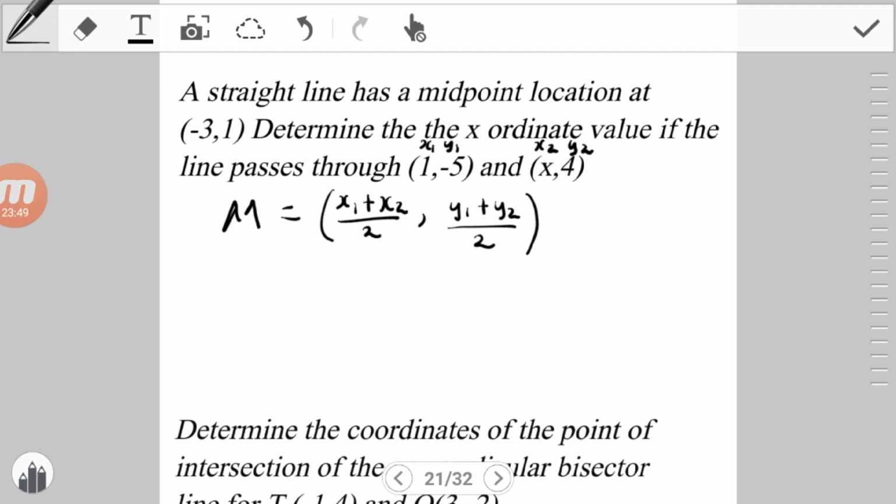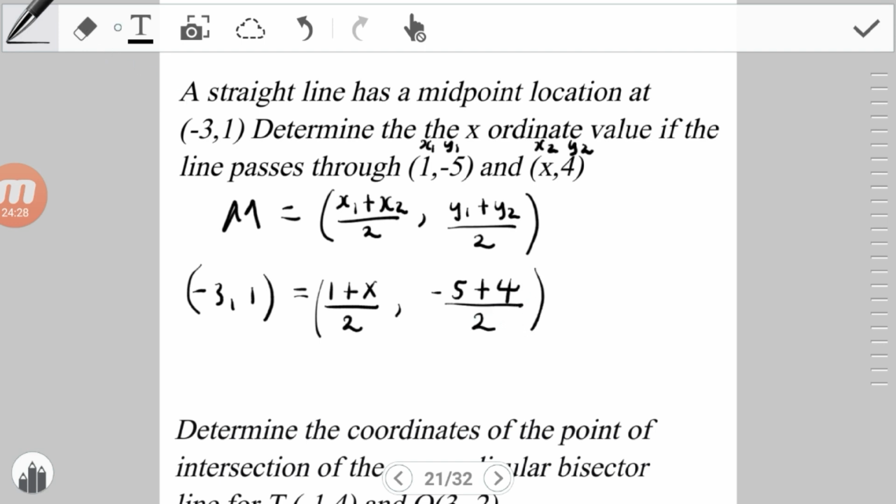All right, so here we go. We're looking at the fact that the midpoint, which we are told is -3, 1, so that's -3, comma 1, is equal to x1, which we see here is 1, plus x2, here is x, divided by 2, comma, y1, which is -5, plus 4, divided by 2.